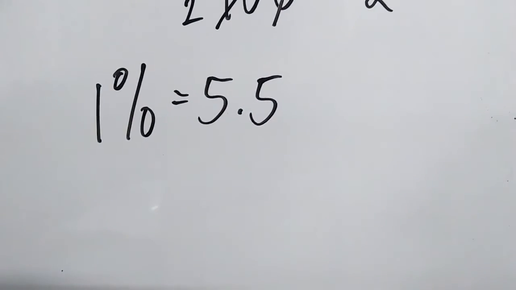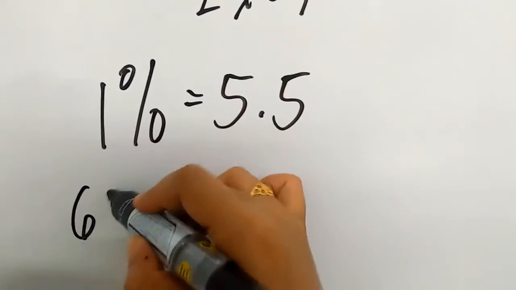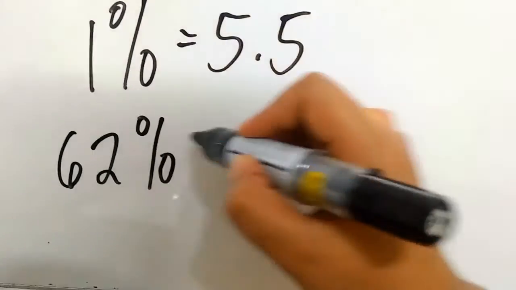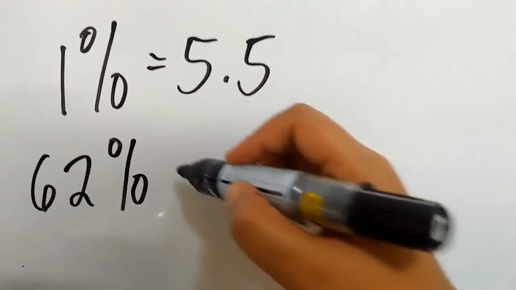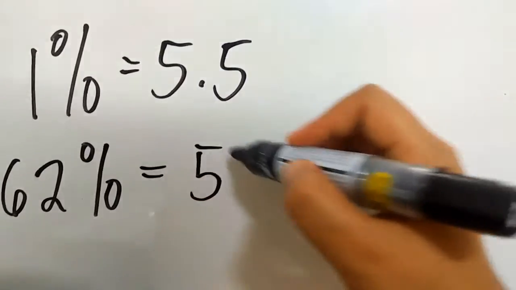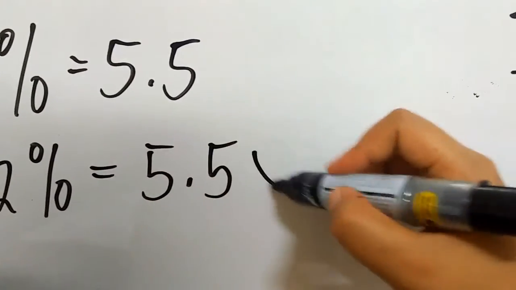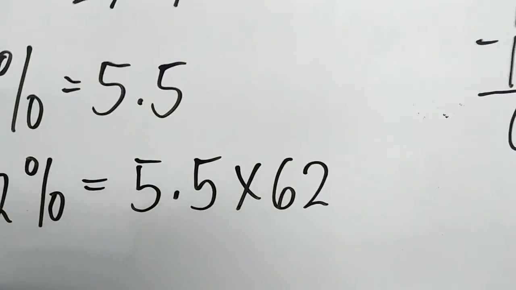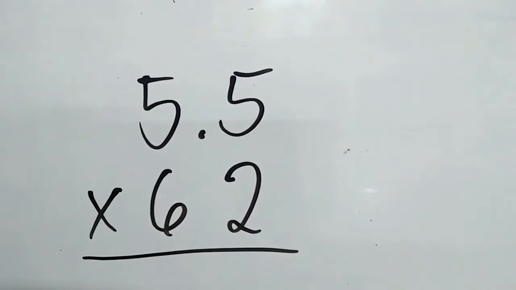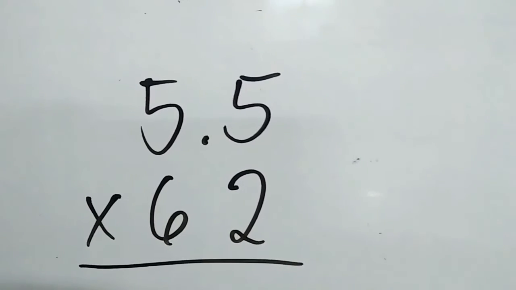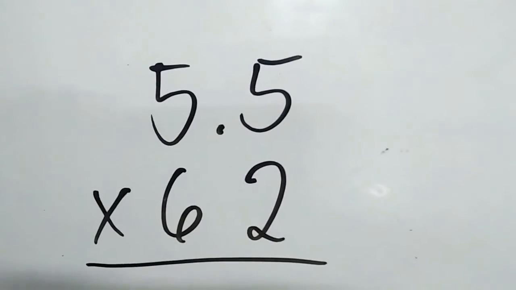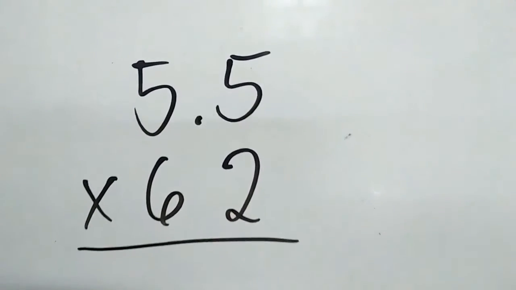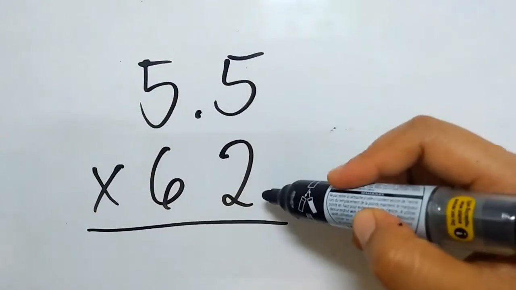Okay, 1% is 5.5. How are we going to take 62%? Yes, we're going to multiply 5.5 times 62. I repeat, if we're going to multiply with decimals, you just multiply normally, don't mind the point yet. Let's multiply 5 times 2.